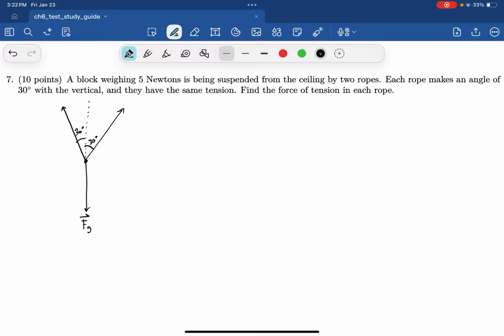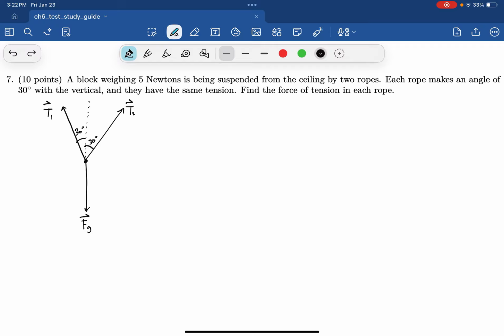Okay, so there are 3 forces in total. We have force T1 and force T2. Okay, and let's say that we're looking for the force of tension in each rope. So in other words, we're looking for the magnitude of these 2 vectors. We're given that it's equal, so that's helpful, but we're looking for what the magnitude is.